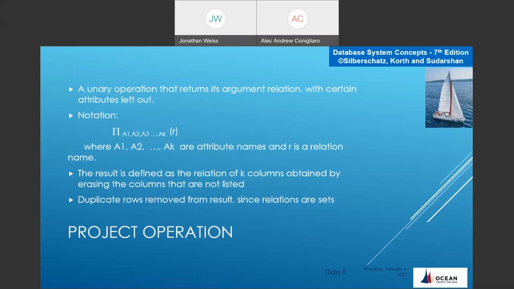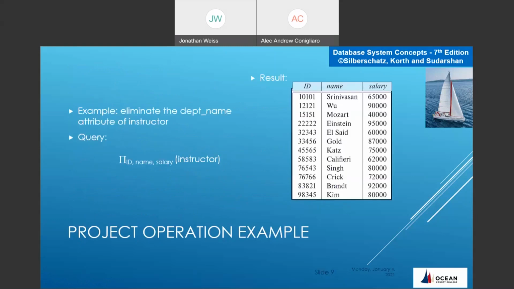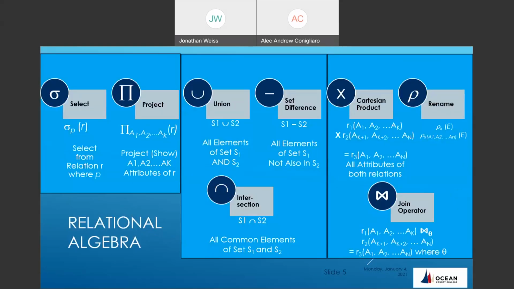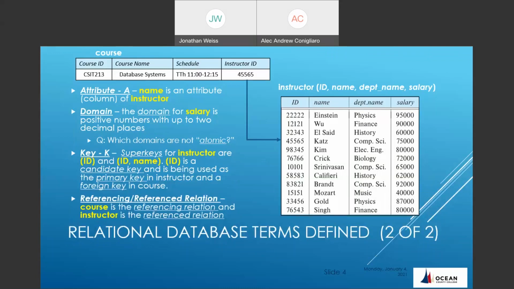So, once again, for the project operation, we list the attributes that we want. So, for example, if we do a project on ID, name, and salary for the instructor relation, it would give us just the ID, the name, and the salary. It would not give us the department name.